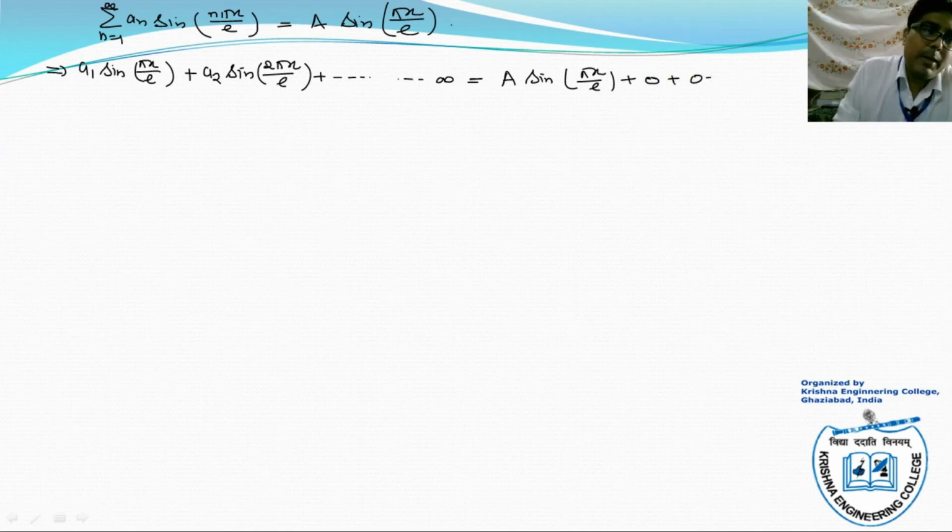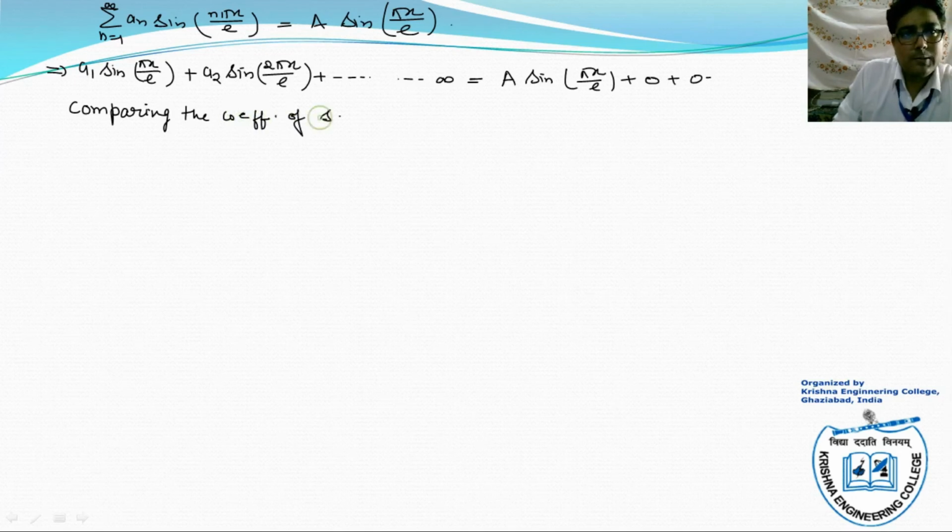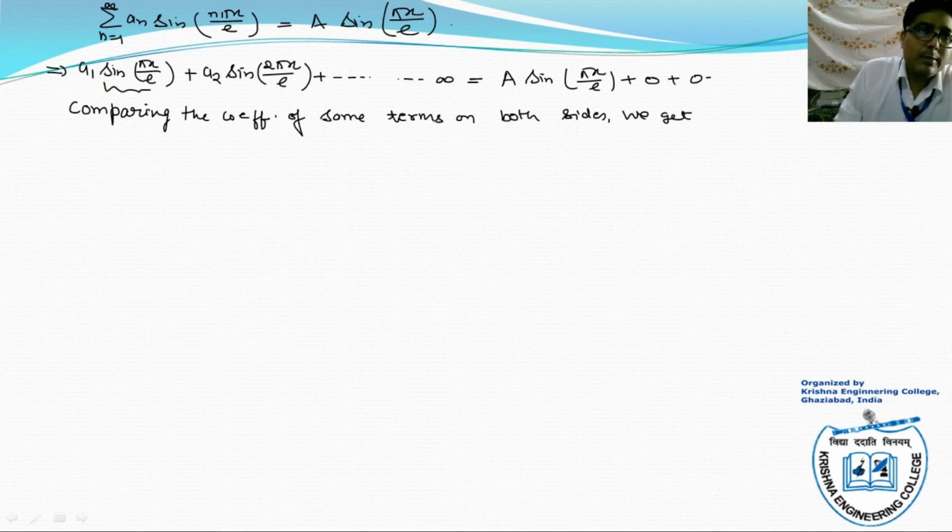So comparing the coefficient of same term on both sides, we get the coefficient of sin(pi x by l) is a1.